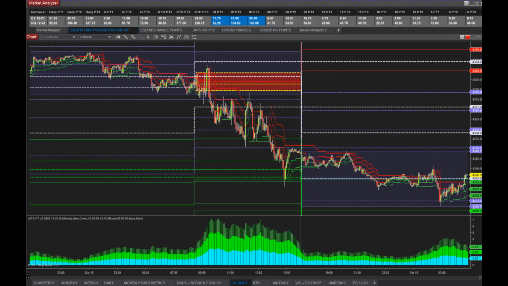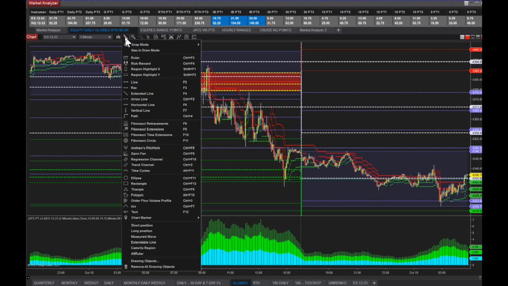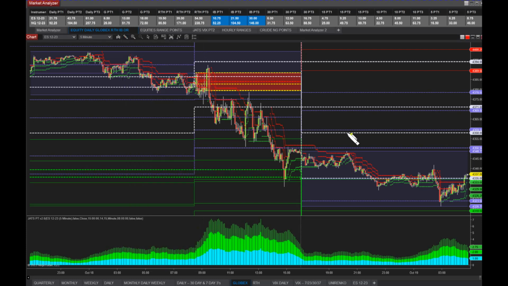All right, so let's get the ruler out. Measure from bottom to top. 43.20.75 up here to 43.48.75, at 27.5 points, something like that, 27 points.